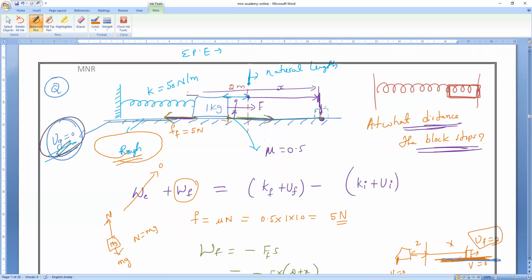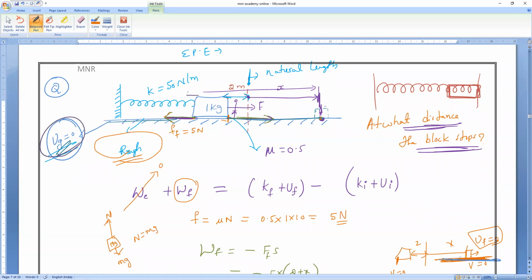Here, all of you observe, again I'm saying, when the body has come to maximum distance, velocity is 0, so kinetic energy is 0. The body is on the same surface, so the final potential energy due to gravitation is 0, basically the same baseline. Initial kinetic energy is also 0 because the body is at rest.